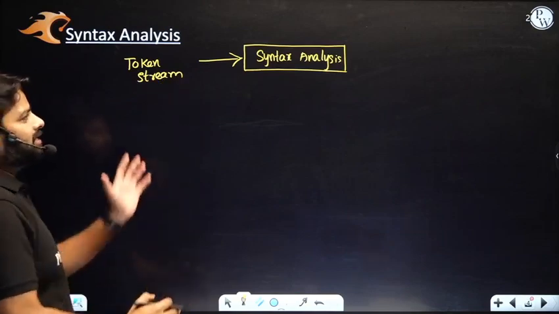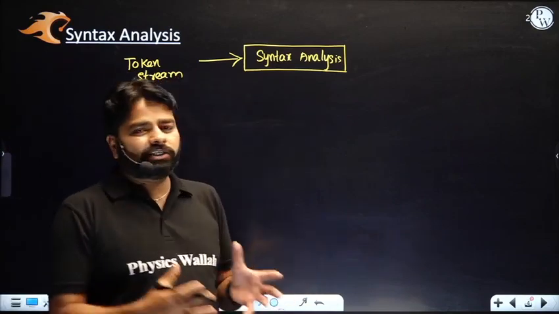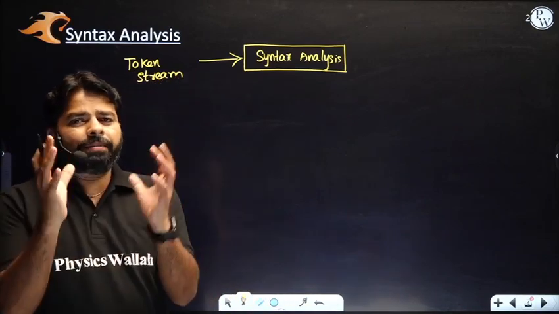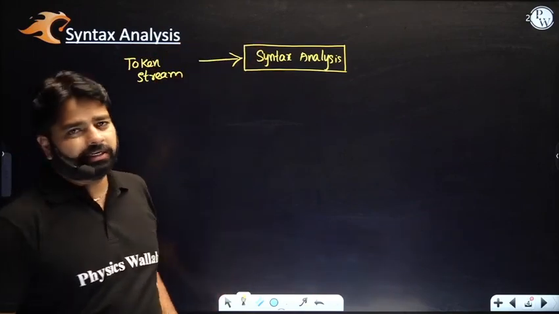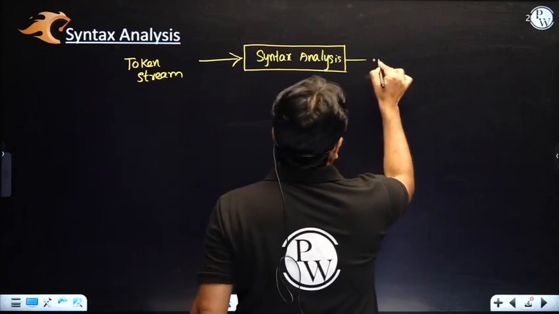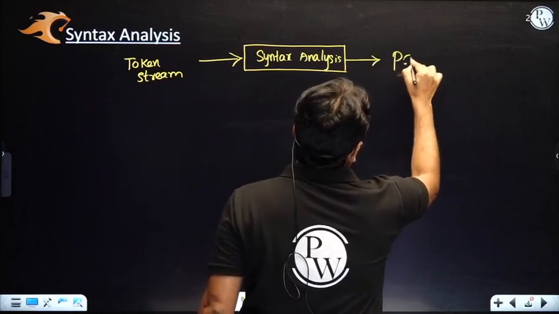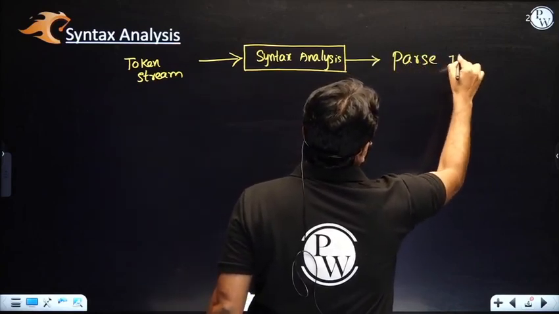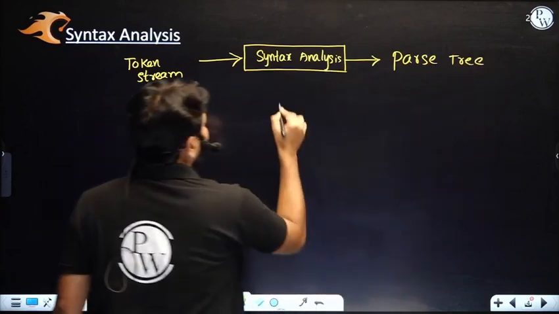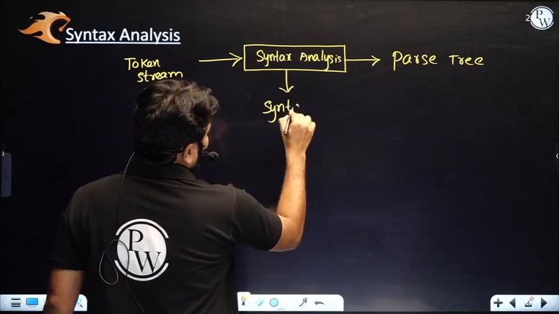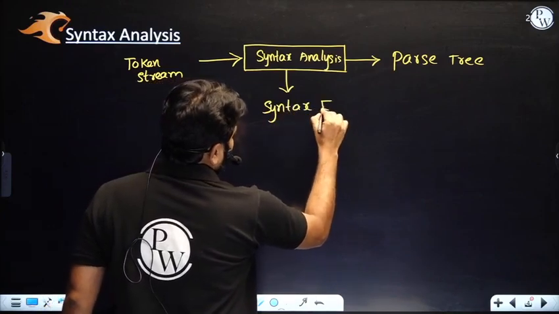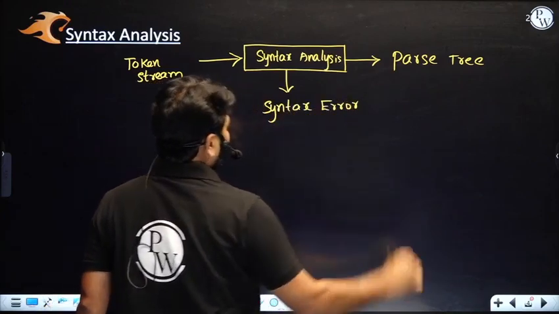One string is given to the syntax analysis. The string is actually a program, the whole program converted to a string, and that string will be given to the syntax analysis. What is done by the syntax analysis? It will try to produce the parse tree if there is no syntax error. In case there is any error, it will produce a syntax error. It will report to the error handler.